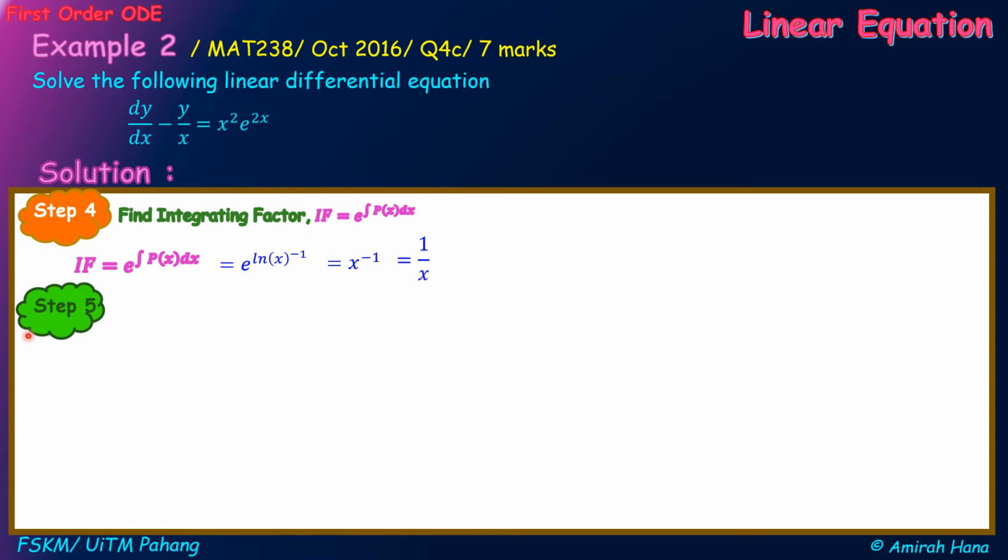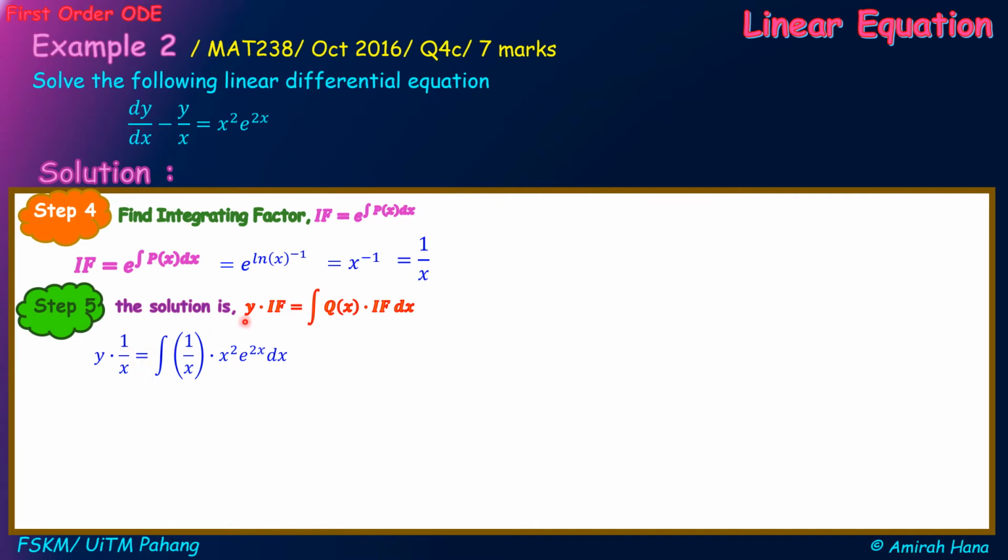Then step 5, we write the solution using the formula y times IF equals the integration of q(x) times IF dx. So from this formula, we have y here and then times IF, and IF equals 1 over x.